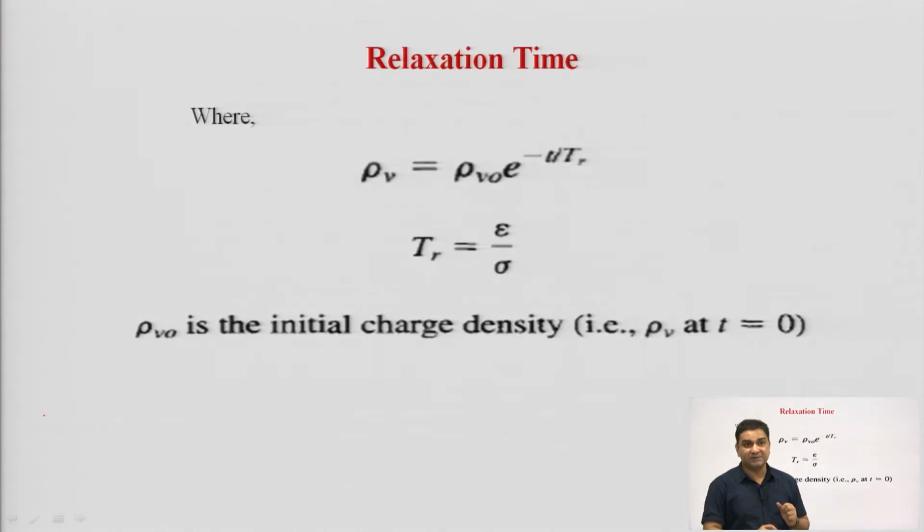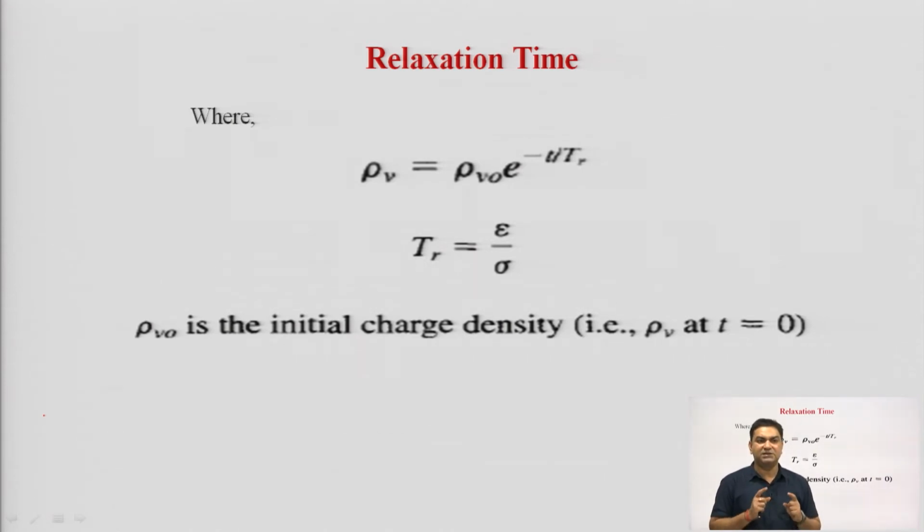It defines that the volume charge density becomes rho v is equal to rho v naught e to the power minus t upon T r. What is this T r? T r is equal to epsilon upon sigma.